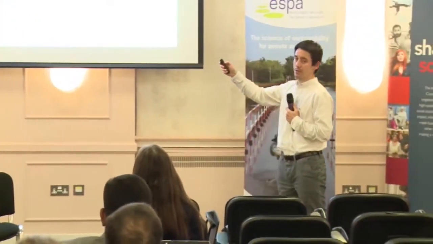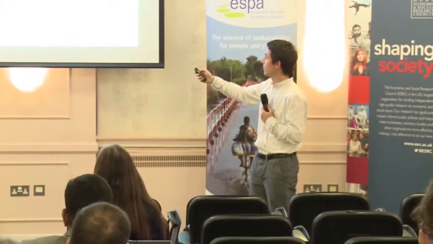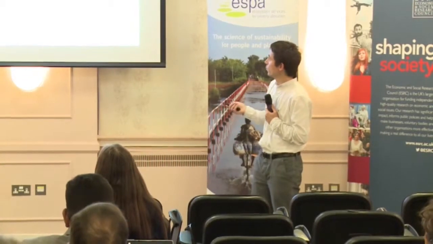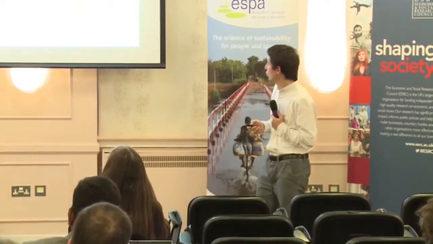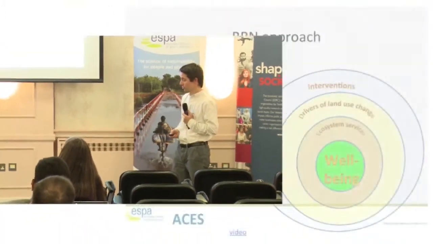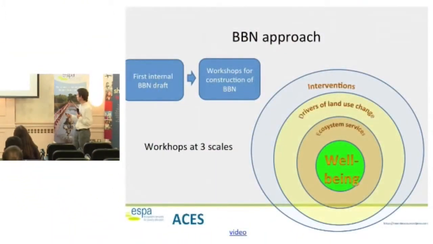We did a first draft of the BBN. Then we did workshops with the stakeholders to encourage them to construct causal diagram maps. We did workshops at 3 scales: national, provincial, and local.